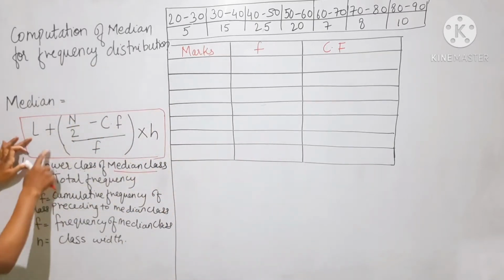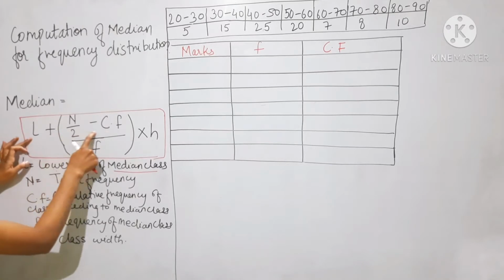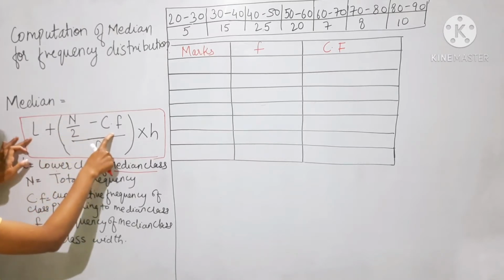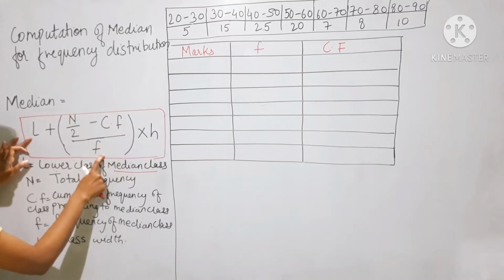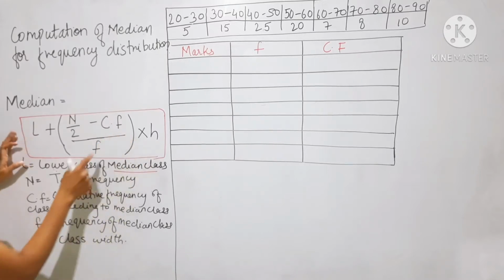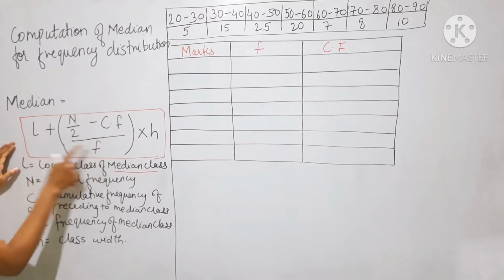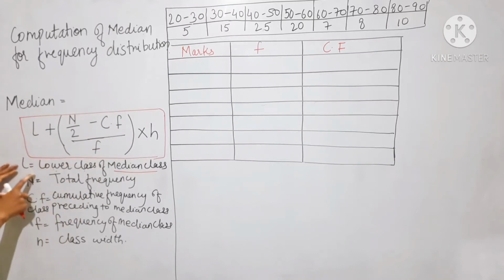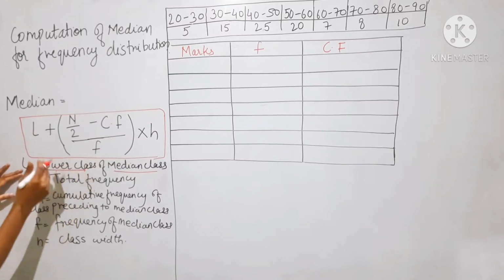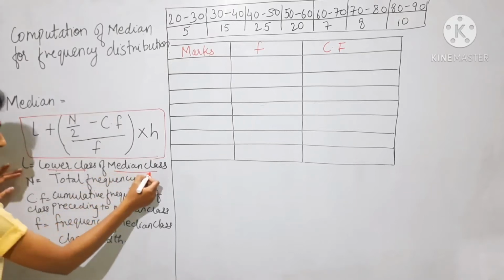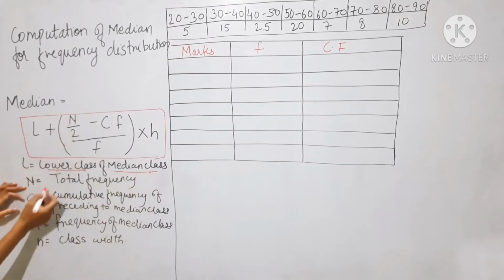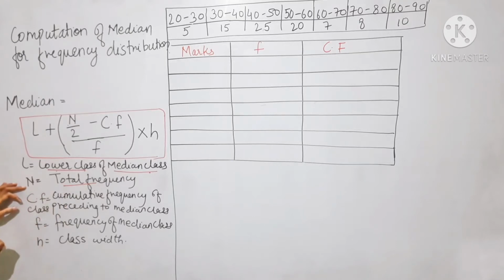So L plus n upon 2 minus CF. CF is what? Cumulative frequency, less than cumulative frequency, divided by F into H. Okay, so now the explanation of this formula. L is the lower limit or the lower class of the median class. N stands for total frequency.